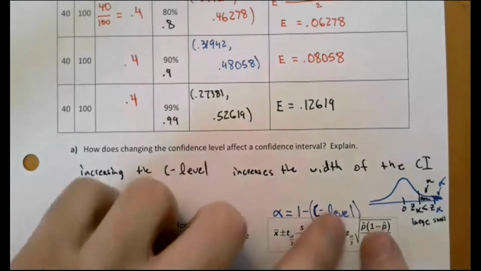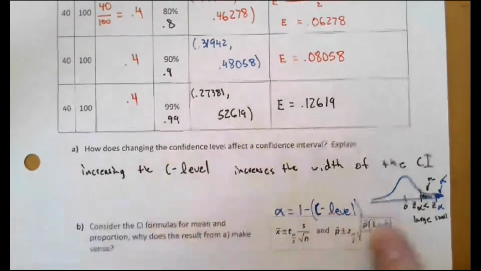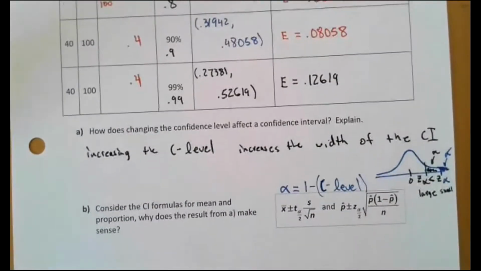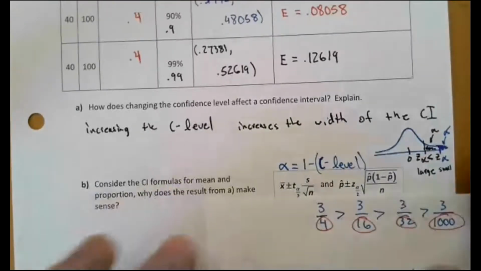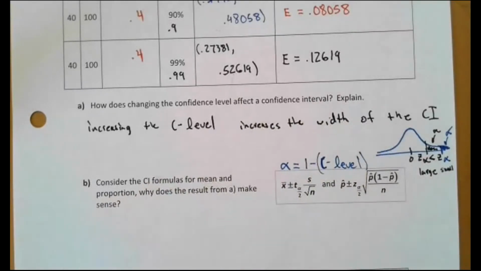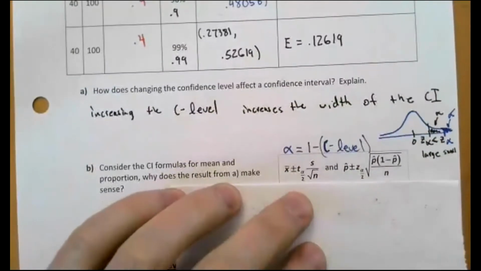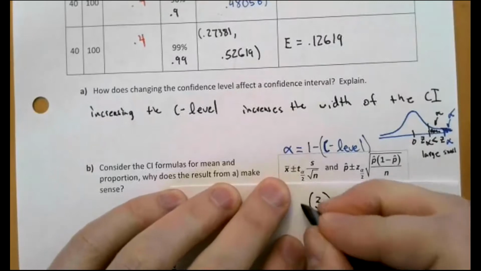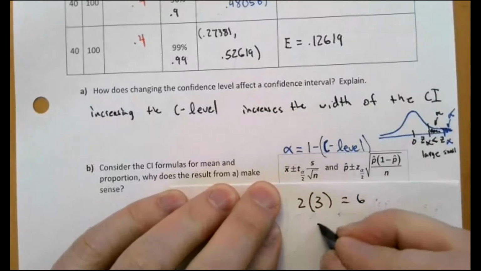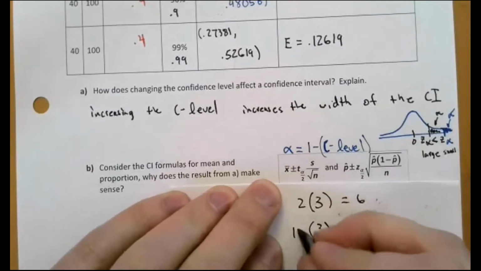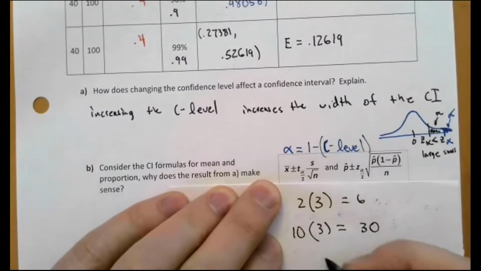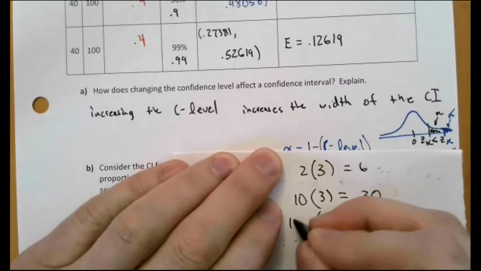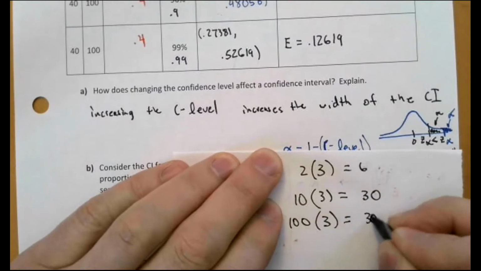So when we multiply by a number that gets larger and larger, what happens to the number we're multiplying at times? That number itself gets larger. If we have 3 and we multiply by 2, that becomes 6. If we have 3 and we multiply by 10, that becomes 30. If we have 3 and we multiply by 100, that becomes 300.